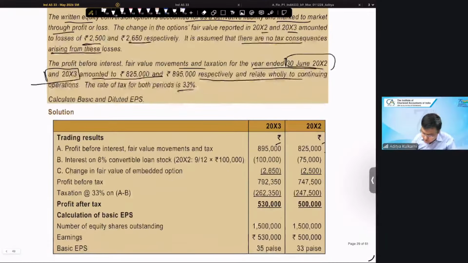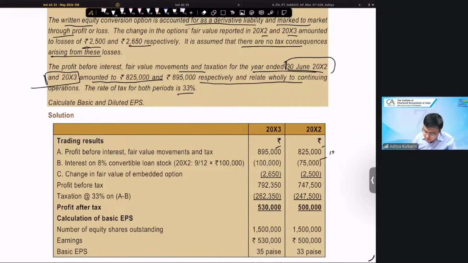So this is 12,50,000 into 8% into 9 by 12. Are we able to understand this? Yes? Fine. And here it will be 12,50,000 into 8%, the full 1 year, so no 9 by 12. So you can check, 1 lakh rupees.